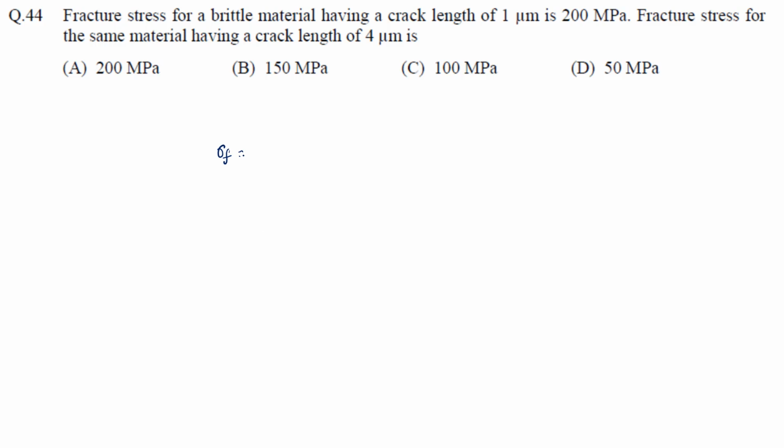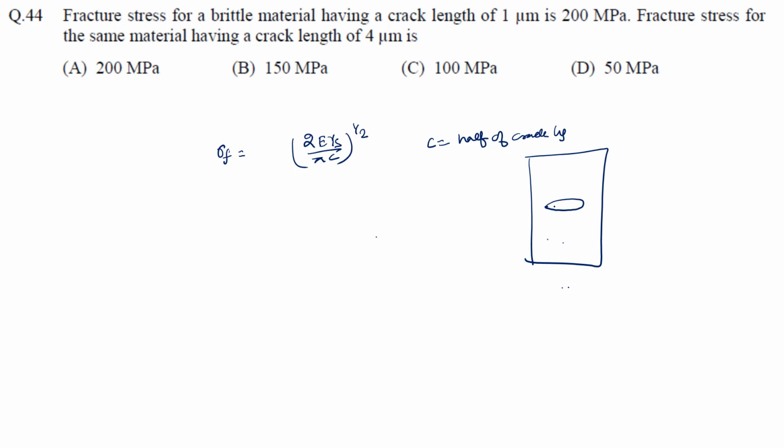We know the fracture stress is 2E gamma s upon pi c to the power half, where c is equal to half of the crack length. Like the diagram is like this. This is an internal crack which is of length 2c. If it is an external one, then it will be of length c, right?